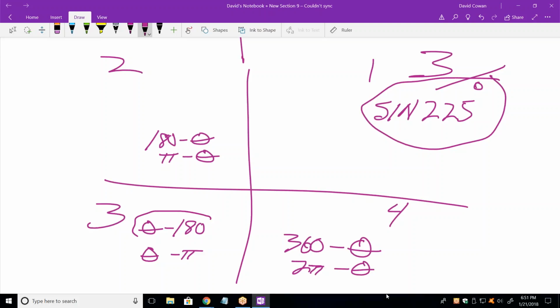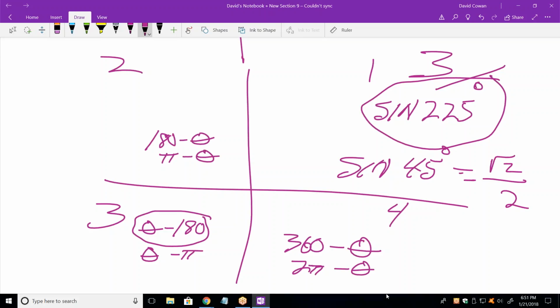I use this one right here, which means I'm basically looking at the same numerical value as the sine of 45 degrees, which is square root of 2 over 2, but it's third quadrant, so it's negative square root of 2 over 2. That's the way I do every problem: I take whatever angle they give me, and I convert it to the first quadrant angle, based on these.